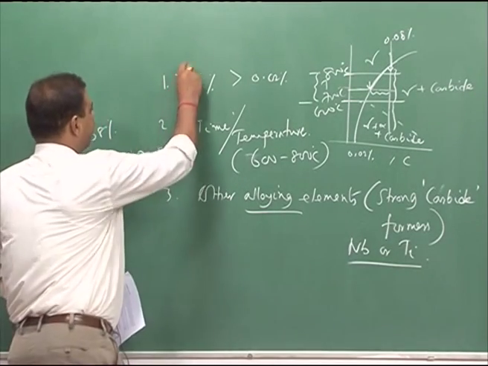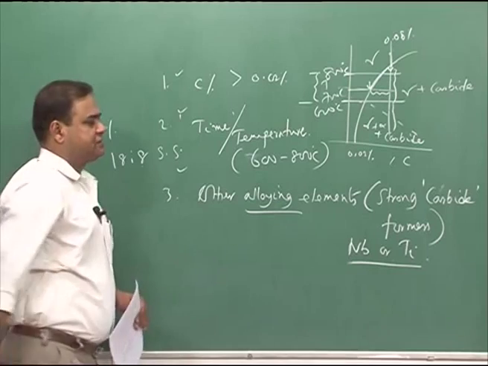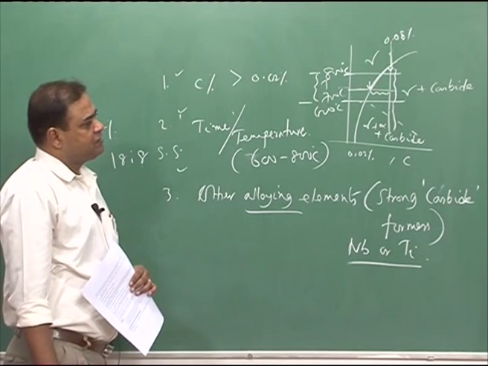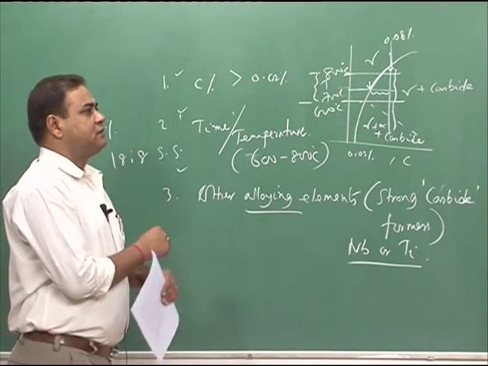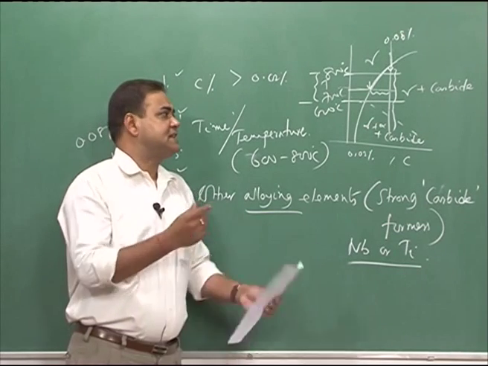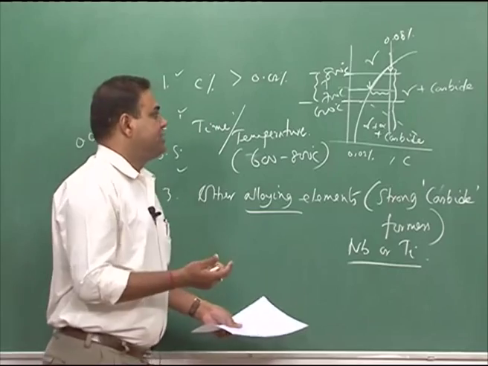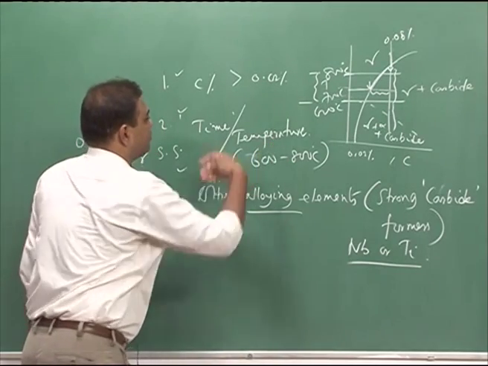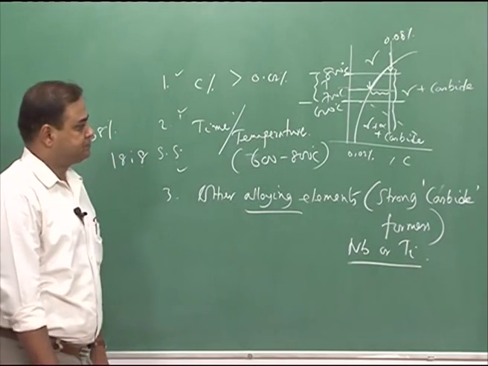Now, once we have these three criteria, let us see when I weld a stainless steel, 18/8 stainless steel. When we weld that stainless steel, it does not have the problem of chromium carbide precipitation.